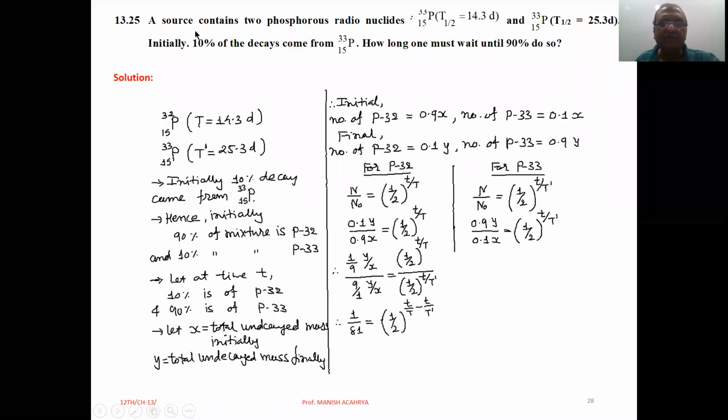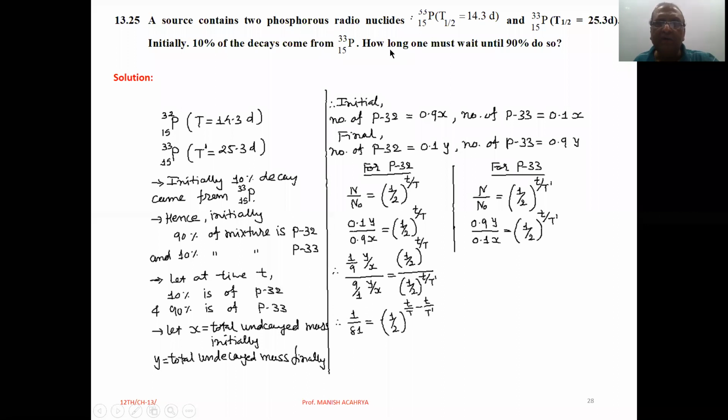13.25. A source contains 2 phosphorus radionuclides, 15P32, half-life that is 14.3 days, and 15P33, half-life that is 25.3 days. Initially, 10% of the decay is from 15P33.